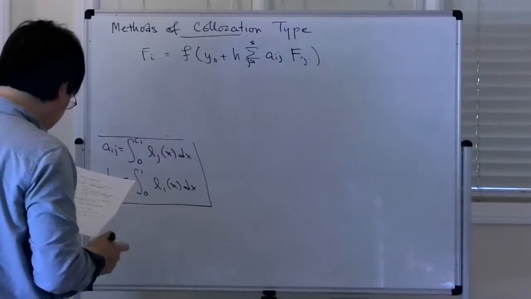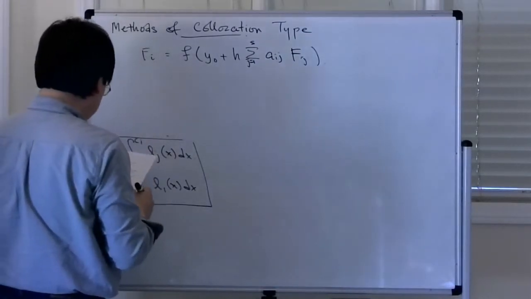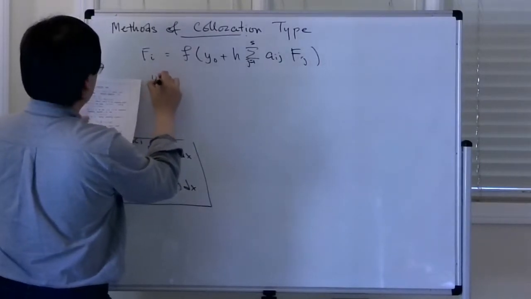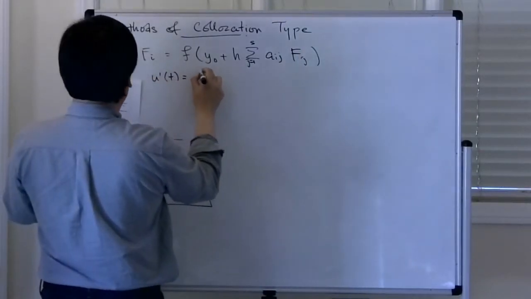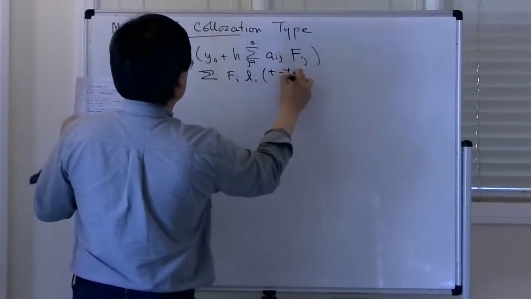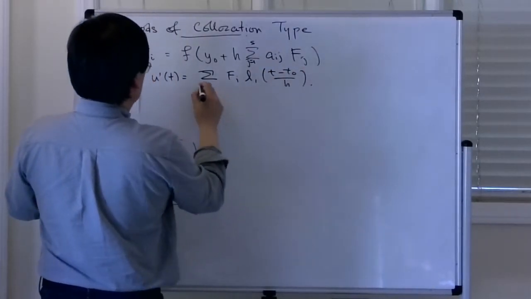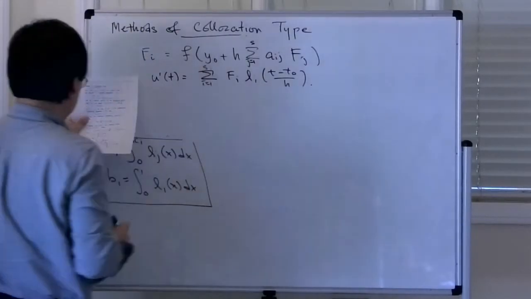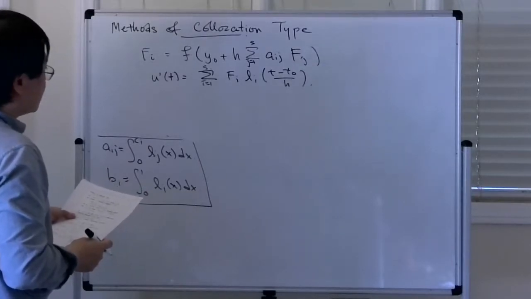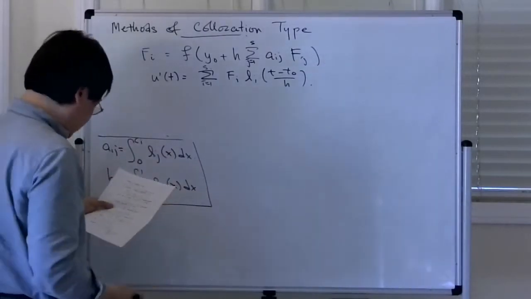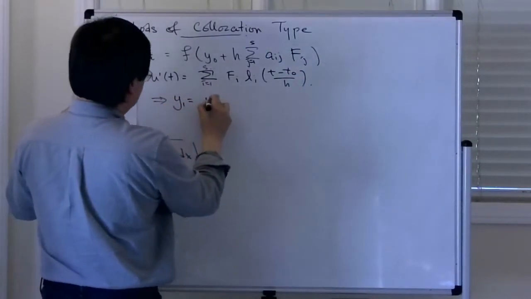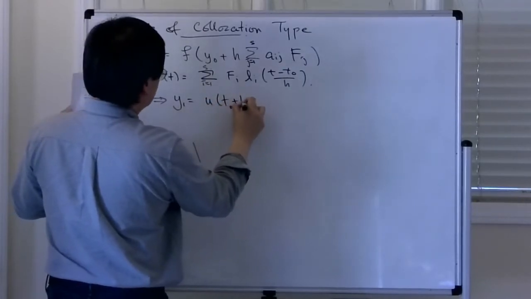And again, as you might imagine, this comes from integrating the defining equation. So if you have u prime of t equal to the sum, i equals 1 to s, of fi Li of t minus t0 over h, when you integrate this over the interval from 0 to 1 and apply the initial condition, this implies that y1 is equal to u at t0 plus h.